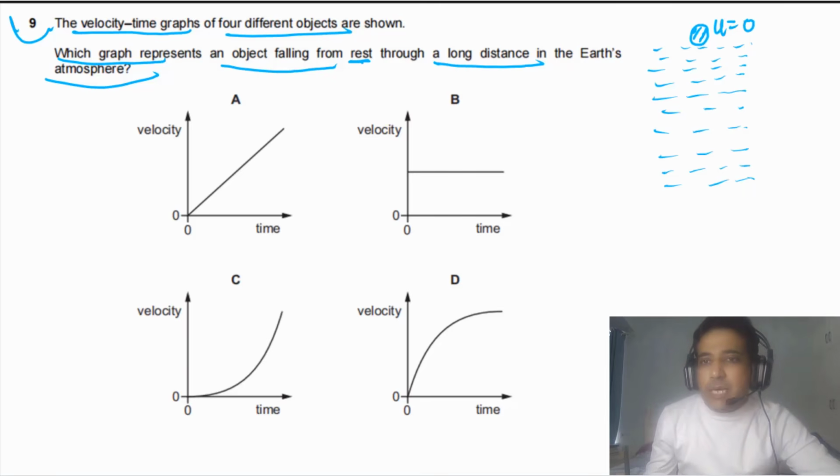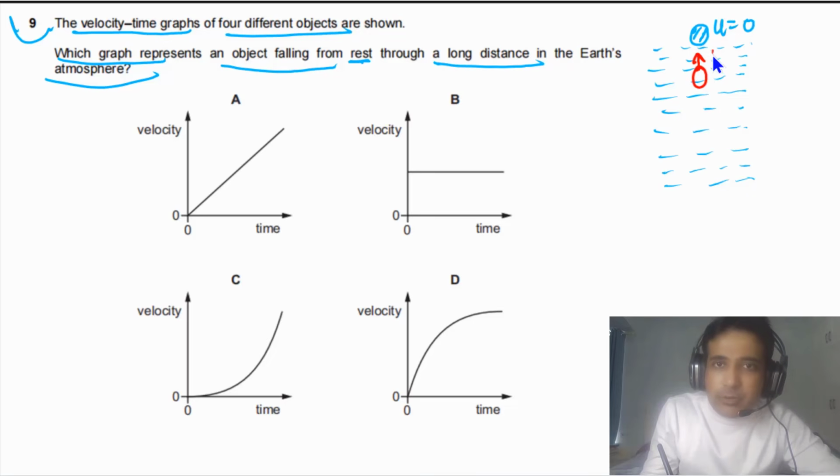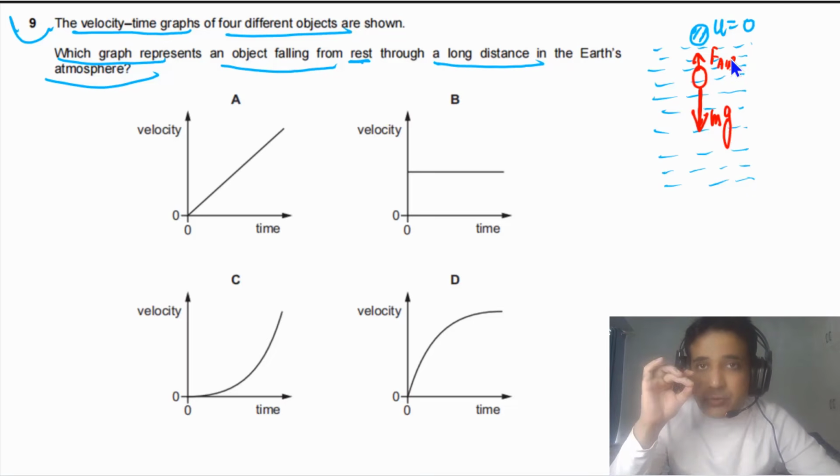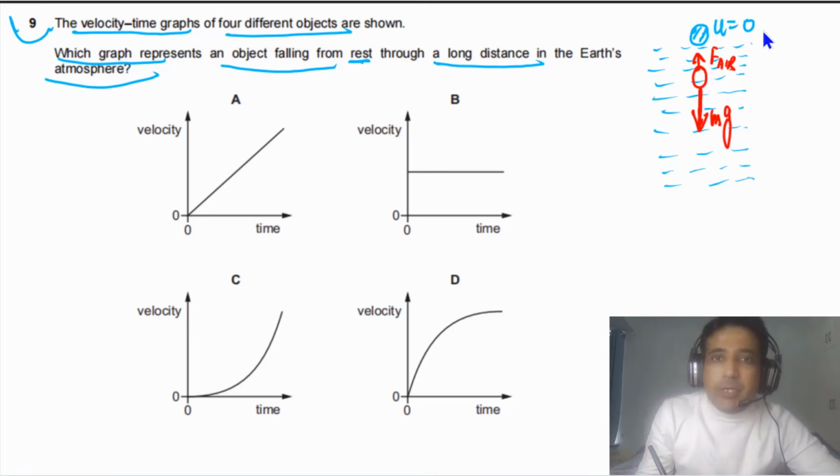In this case, as the ball starts falling, there will be a force acting on the ball in the upward direction. This one is air resistance. And the force acting downwards is gravity, and gravity will remain constant in this case because gravity does not depend on speed. But air resistance depends on speed, so air resistance will increase. Initially we can say acceleration will be equal to g because acceleration is due to the force of gravity, but when the ball is moving, acceleration will decrease because F net will decrease.